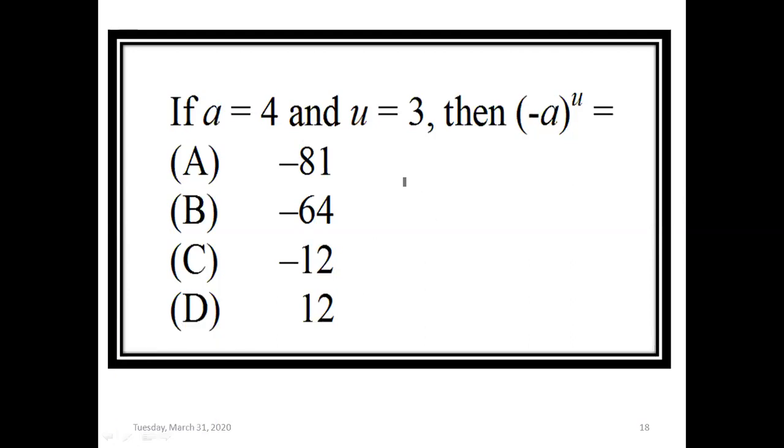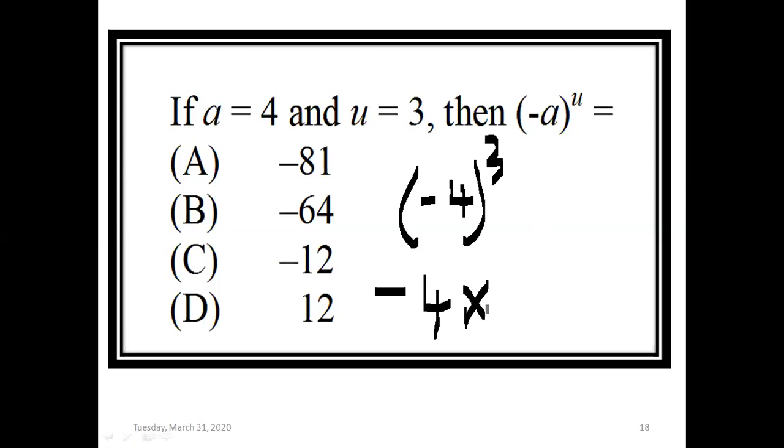If you replace the letters with numbers, you get -4 to the third power. And -4 to the third power is -4 times -4 times -4.